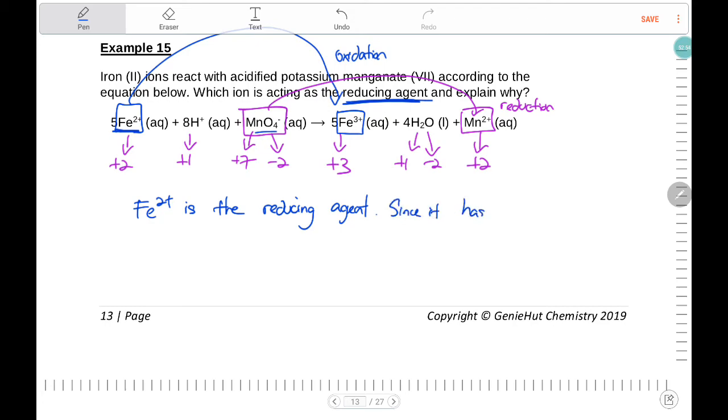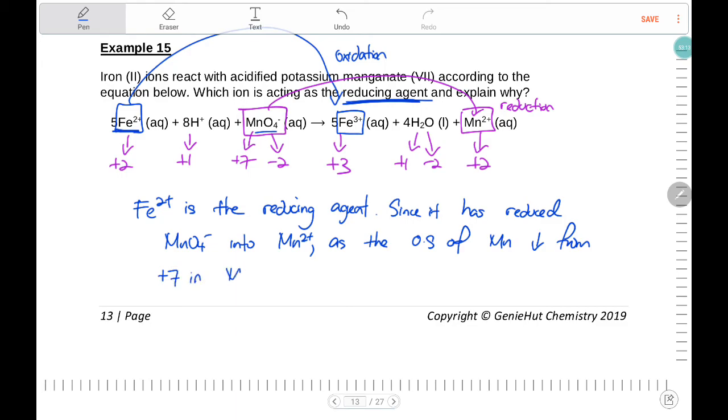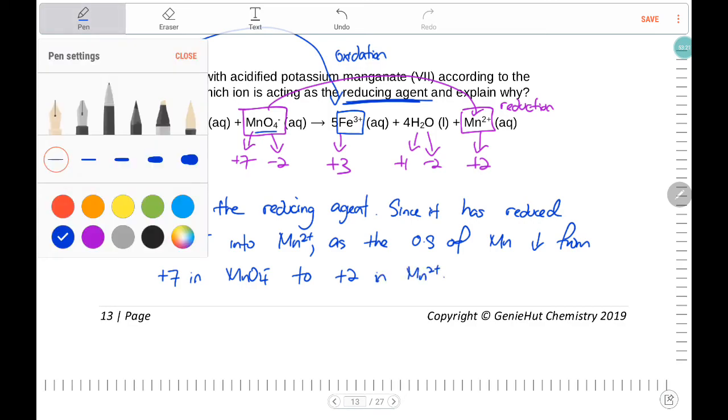So since it has reduced MnO4- into Mn2+ as the oxidation state of Mn decreased from +7 in MnO4- to +2 in Mn2+, it has reduced MnO4-.